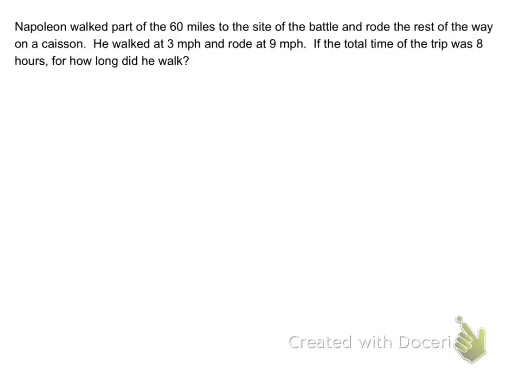Unfortunately, it's just not completely walking the whole distance, and it's not completely riding the whole distance. So it's got to be made up of some kind of rate 1 times time 1 plus rate 2 times time 2 to get a total distance, in this case, d. Now, time 1 and rate 1 will give you a distance that you will cover while walking.